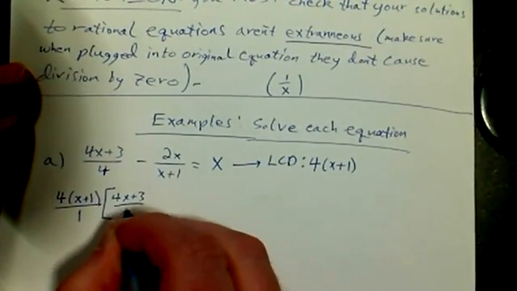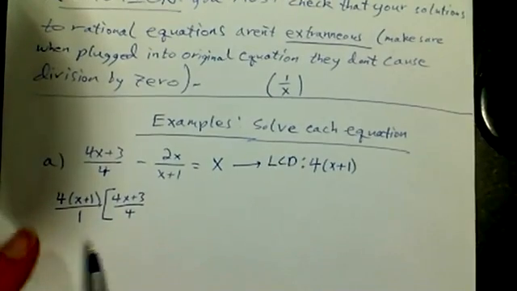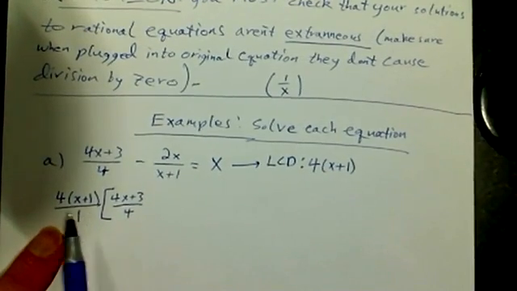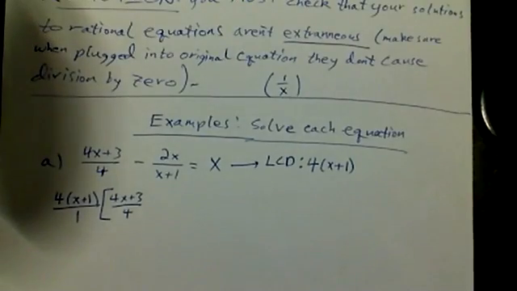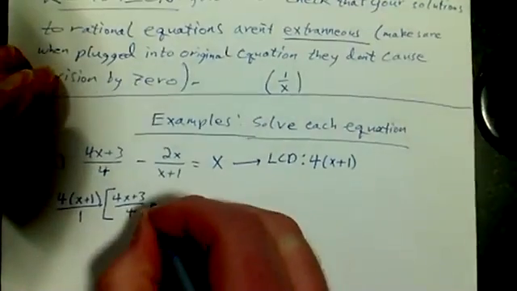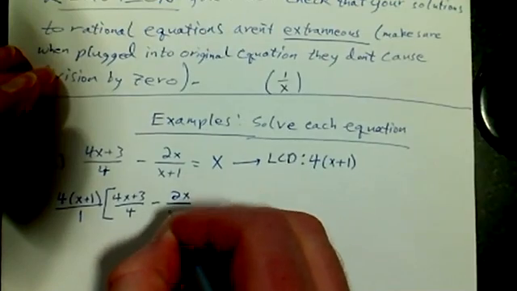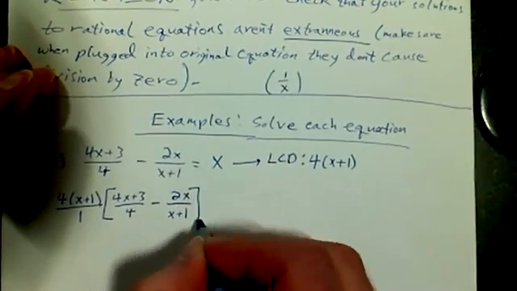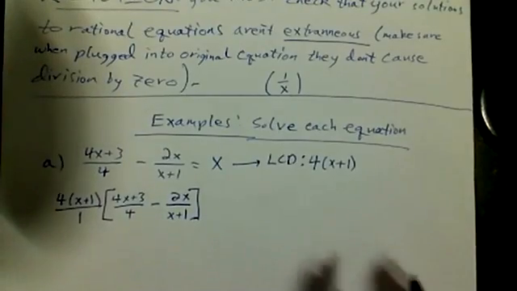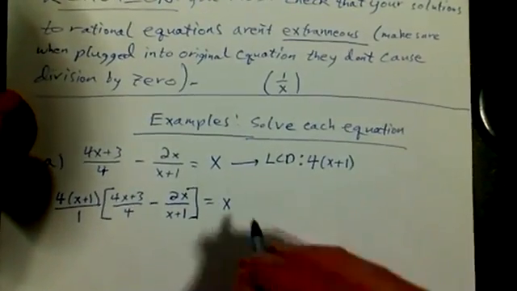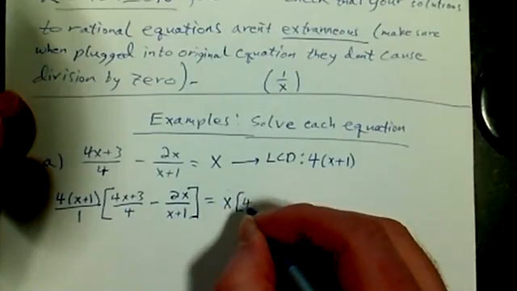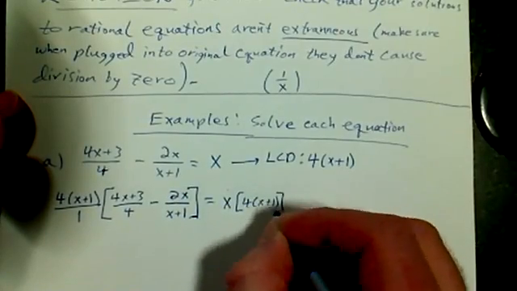And notice that I am writing it over 1 just because that helps some students remember that, oh yeah, the bottom doesn't get multiplied by this. So I'll do that probably here for the first 1 or 2 of these. And that's going to go to the whole side, so it's kind of like a distributive property. Like I said, I'm not going to actually multiply it out yet. I'll do the same thing to the right-hand side of the equation. So this is times 4 times x plus 1.